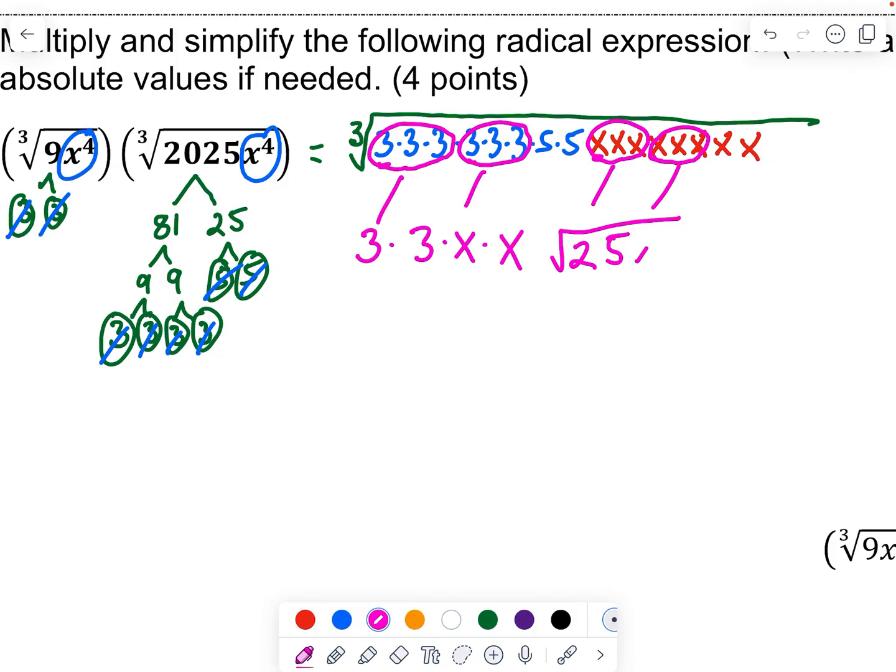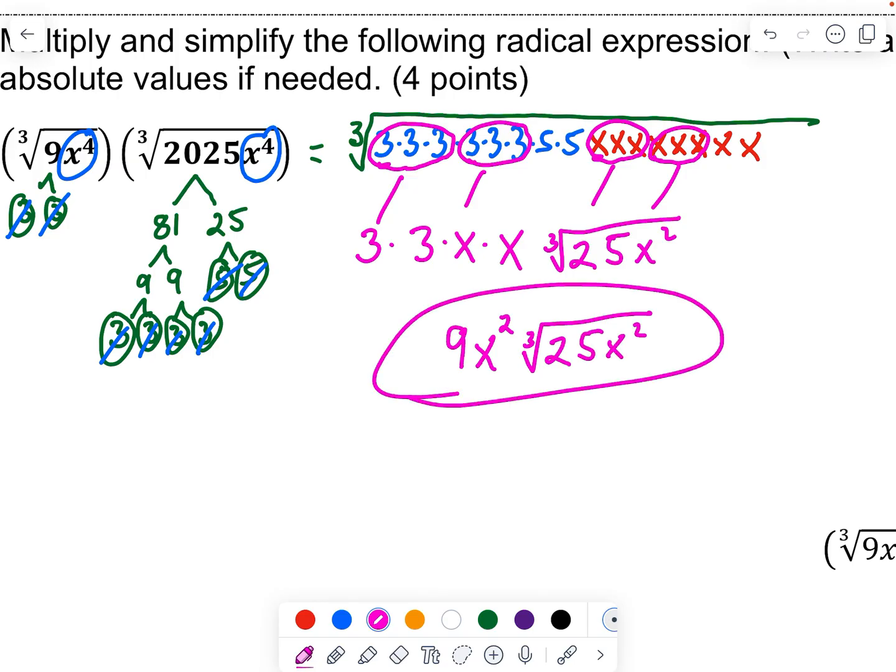And I've got 2 of the x's for x squared. Let's multiply that. And I have 9x squared times, oh, I didn't write my cubed root in there. Cube root of 25x squared. And there's my answer.